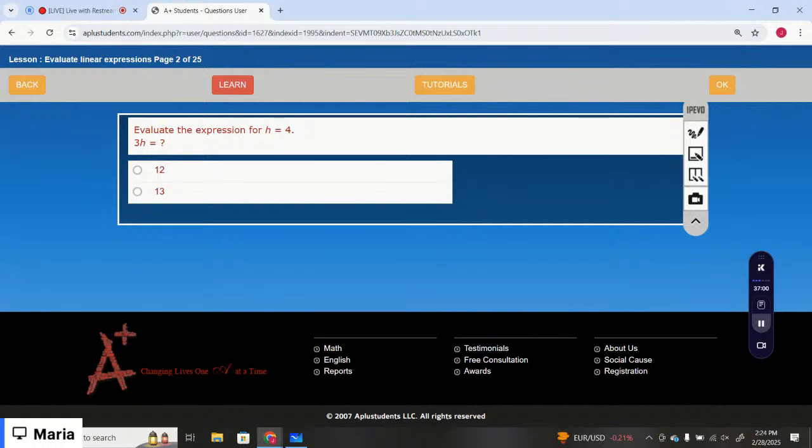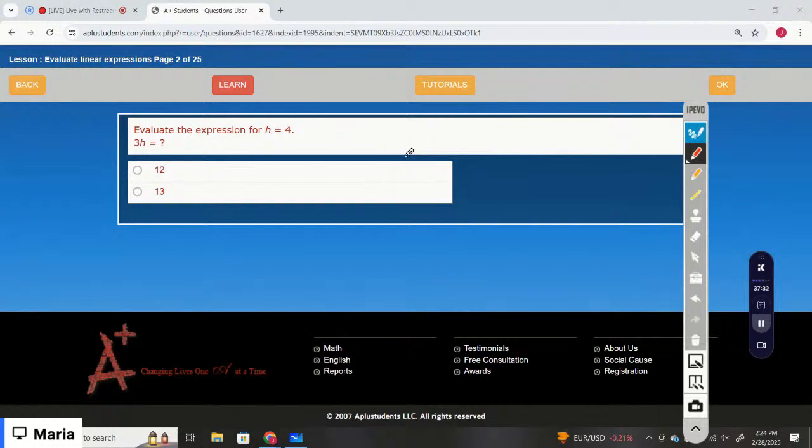Evaluate the expression for h equals 4. You have to do 3 times h, replace the h with a value.